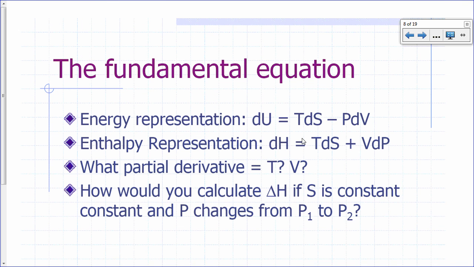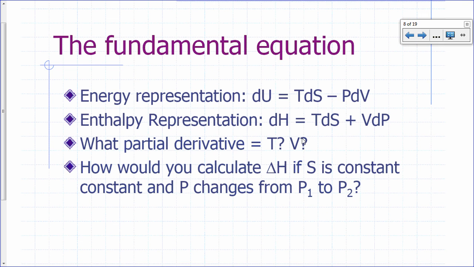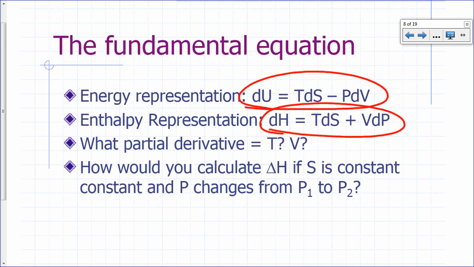Okay. All right, so you can say that in the energy representation, the fundamental equation is dU equals TdS minus PdV. Now, the expression dH equals TdS plus VdP, what happened here? What transformation did we do? We switched the role of V and P, right? Remember we said H is U plus PV.